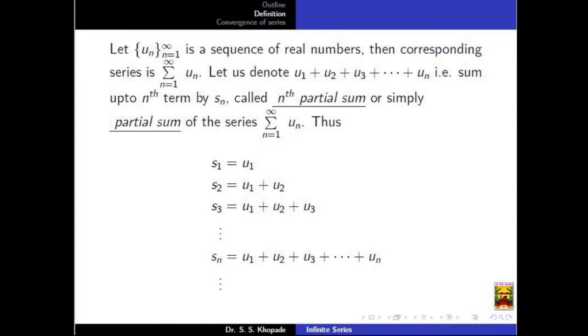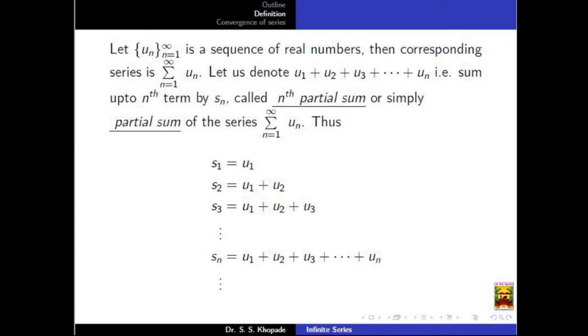Starting from the first term, we take only one term u1, we call it the sum of only one term, denoted by s1. Then we take two terms at a time, u1 plus u2, and call it s2. Likewise we add the first three terms u1 plus u2 plus u3 and call it s3.